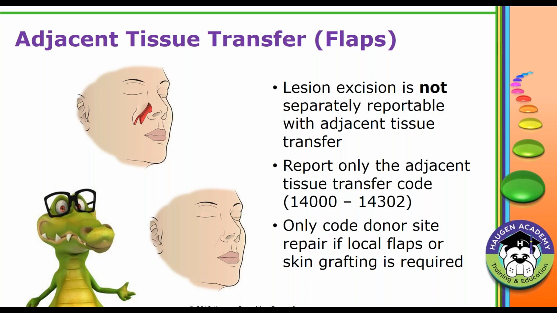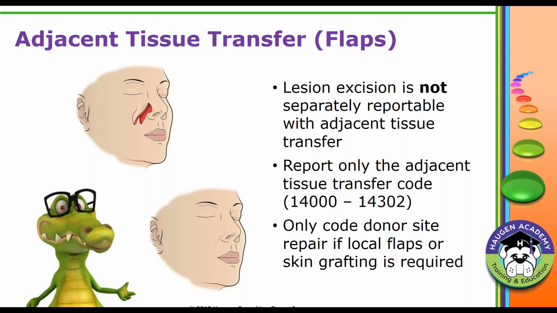So if you're reporting adjacent tissue transfer codes, that's 14000 through 14302. You will not be coding an excision code also. So only that adjacent tissue transfer flap in these cases.